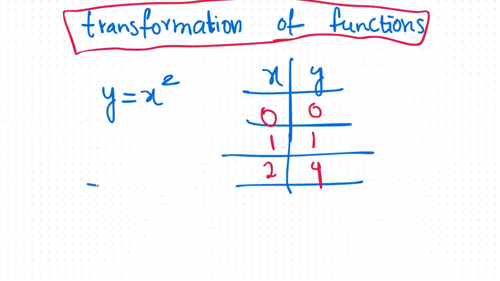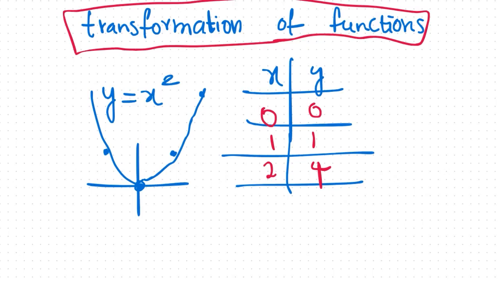You plot the graph and you'll observe it passes through 0 0, 1 1, minus 1 also 1, and 2 4. The graph will be a smooth curve. This is the graph of y equal to x square.